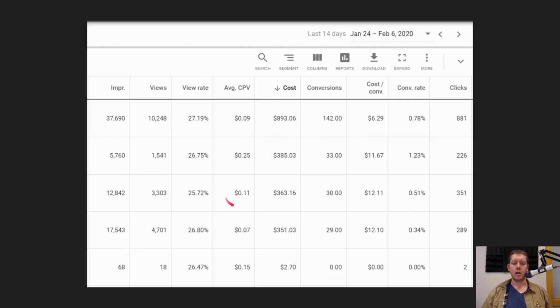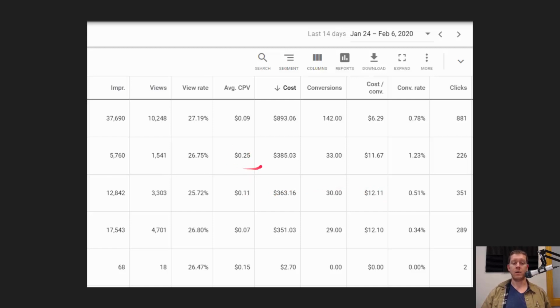Now you can see here, even when the cost per view is different, so this campaign 11 cents per view, this campaign 25 cents per view, the cost per conversion is about the same. You see that? So this cost per conversion does not tie in directly to the cost per view.